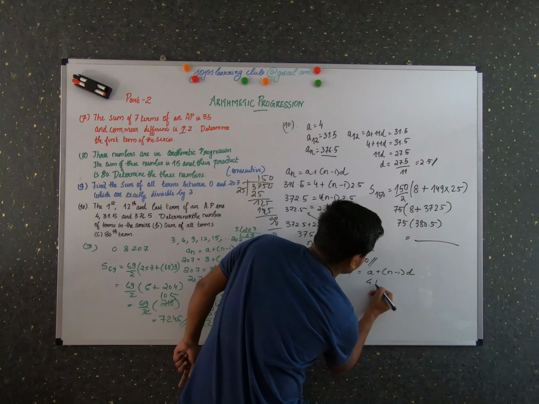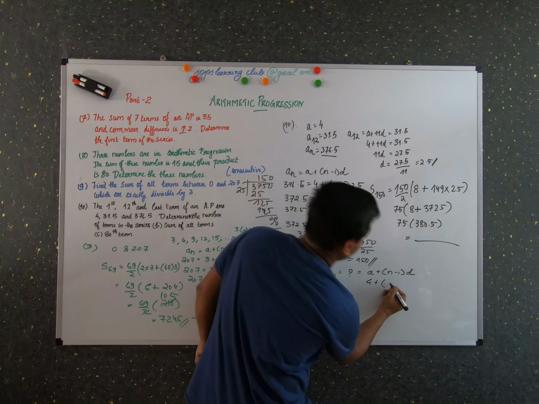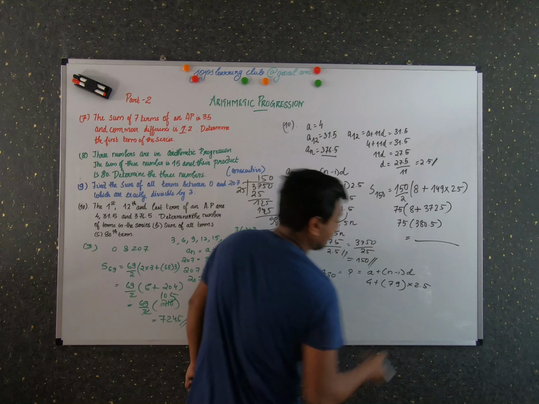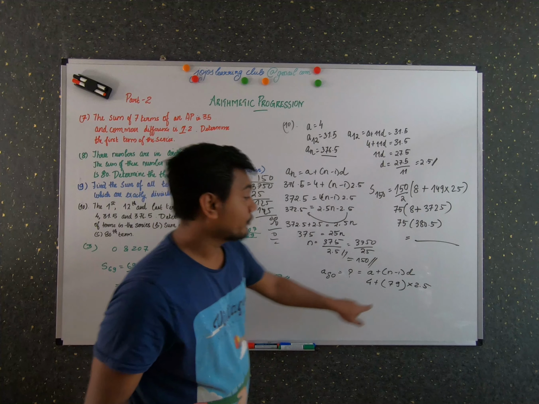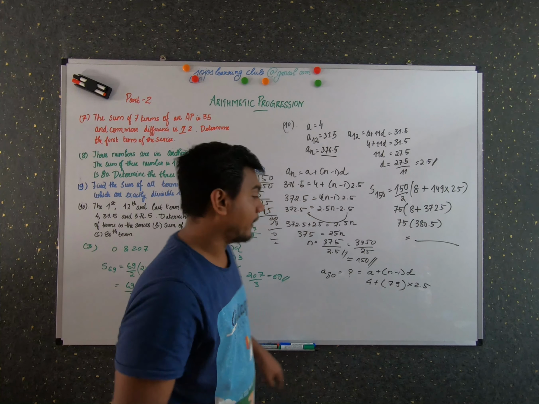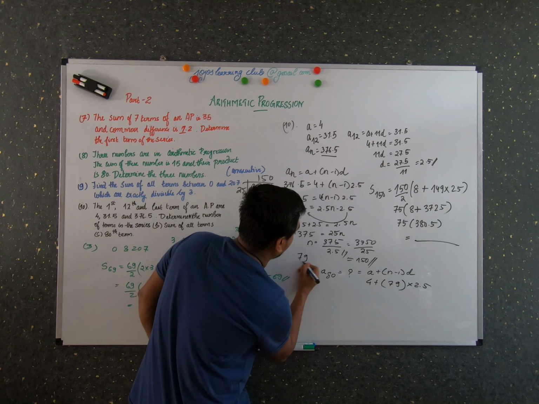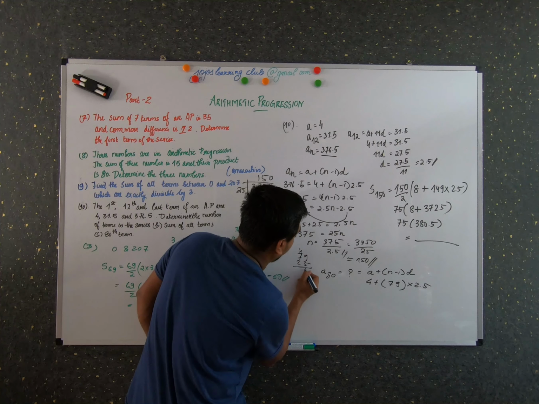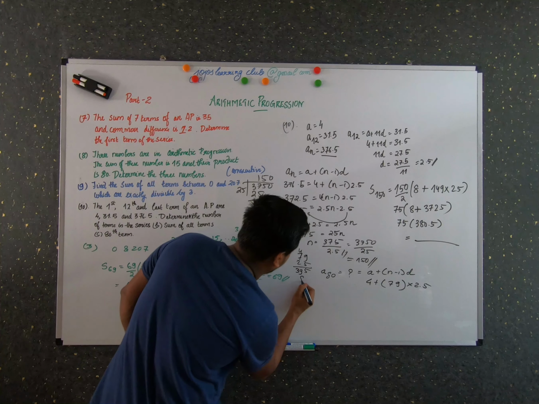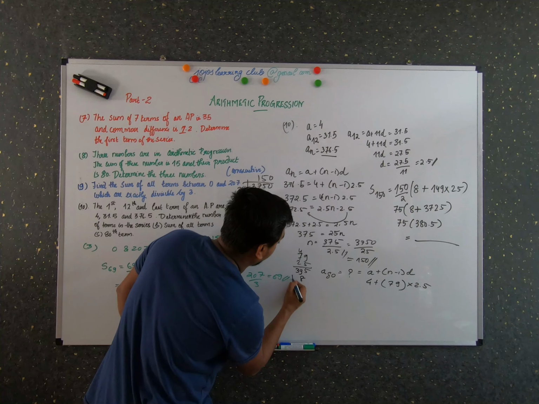So 4 plus 79 into 2.5, right? So we need to find what is 79 into 2.5. So 9 5s are 45, 7 5s are 35, 395, 79, 9 2s are 18, 7 2s are 14, 158.